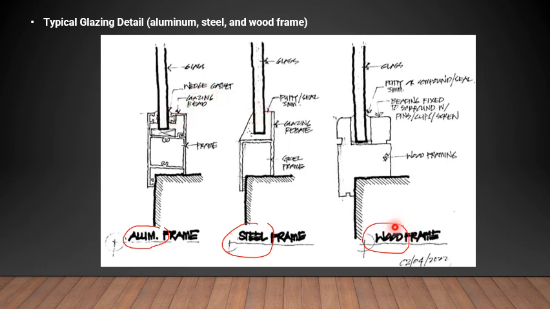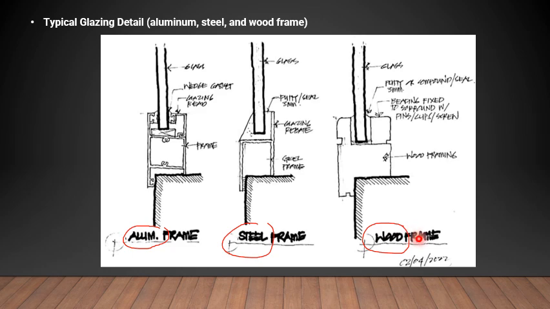Next is the wood framing. We have the wood framing, and then we have the beading fixed and surrounded with pin caps. Normally this is pinned or screwed, whatever details the designers come out with. The putty or compound seal of 3 millimeters is placed here surrounding the glass.